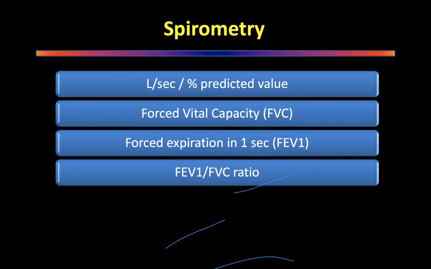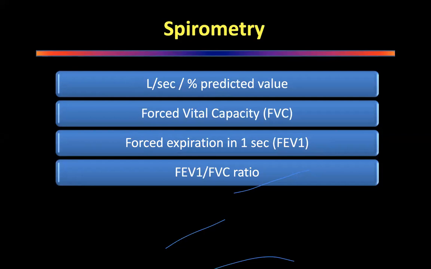Once you have these two values, you calculate FEV1 over FVC. This is a more sensitive ratio and gives you a better answer of what the pathology underlying the lung is.